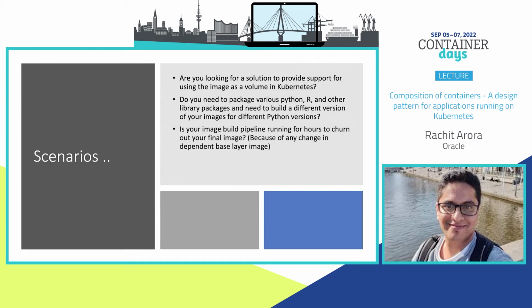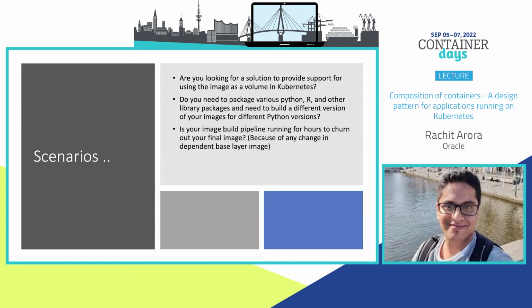If your image build pipeline runs for a long time to churn out that final big image, instead of building one image, you can build multiple images in parallel, with their own versions.